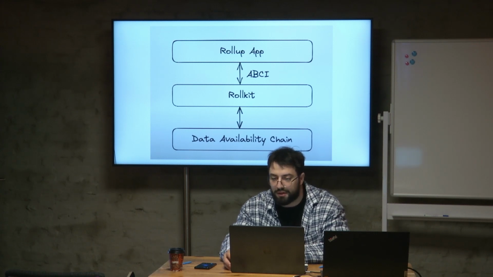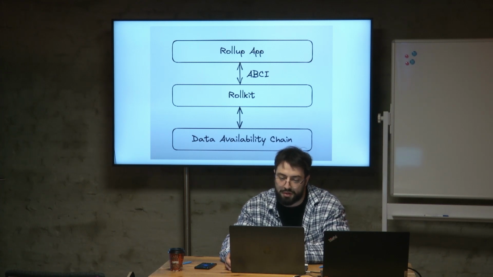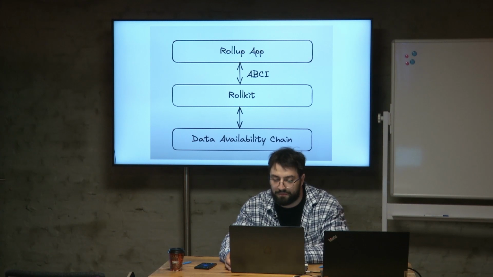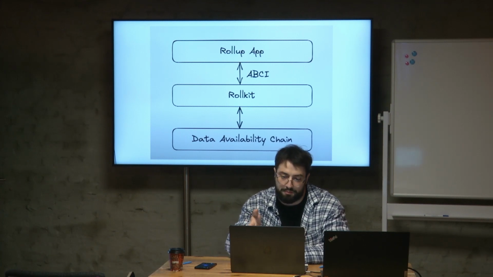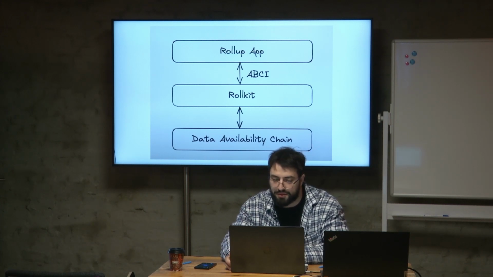So everything that implements ABCI++ can be a rollup, for example Cosmos, or some EVM, or just a Cosmos SDK app, and it could be done in different languages as it's protocol buffers, so it's agnostic from the stack.